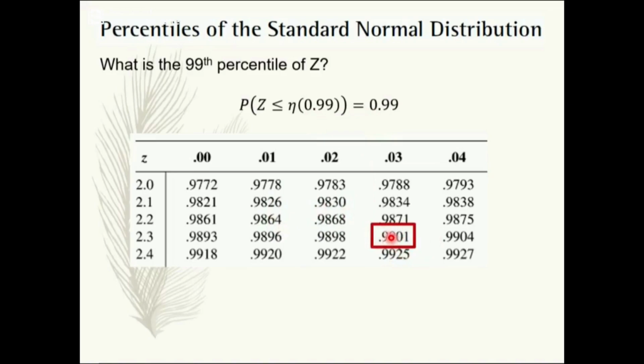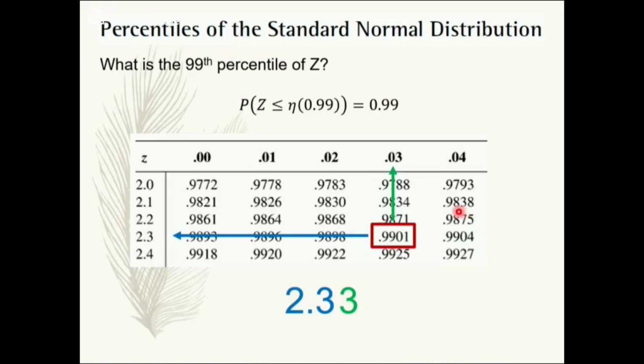Now you need to find the value of z that corresponds to this, so you go backwards. If you go across, you get 2.3. And if you go up, you get the hundredths value, which is 0.03. So the 99th percentile, therefore, is 2.33.